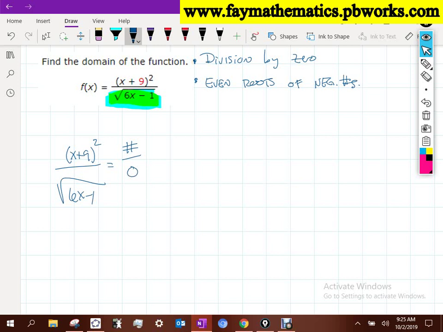That wouldn't give me an output, so I have to make note of that. Try a number like negative 10. It gives me negative 61, and that would give me the radical of negative 61 in the denominator. Is that a real number? No. So a real number divided by an imaginary number is not going to give me a real number, so it's not going to give me an output.